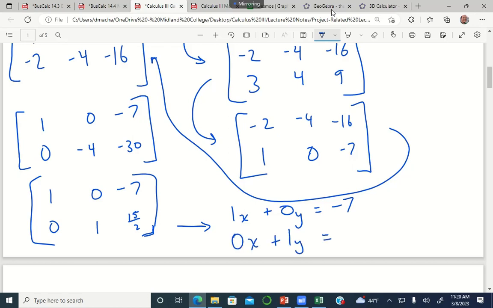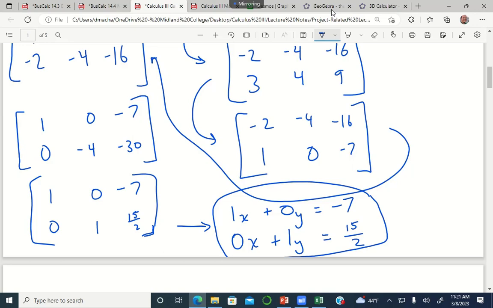And I can just reconstruct my system of equations. And now what this matrix is telling me is 1x plus 0y equals -7, and 0x plus 1y equals 15 halves. And so that's the same solution we found earlier, but this time we wrote an augmented matrix, and then we manipulated the augmented matrix using these allowed row operations.